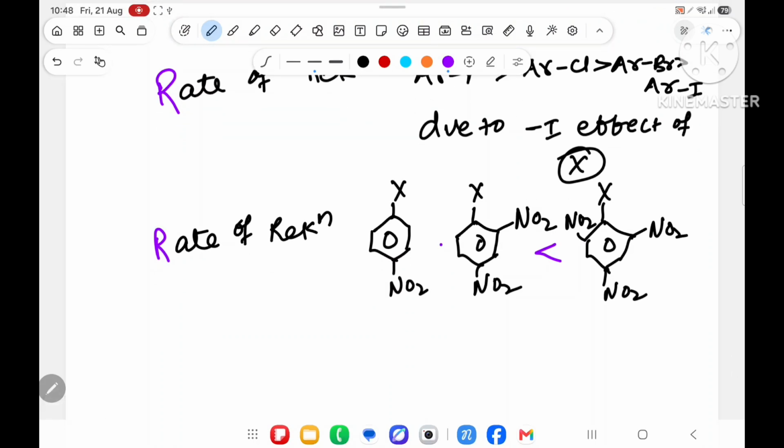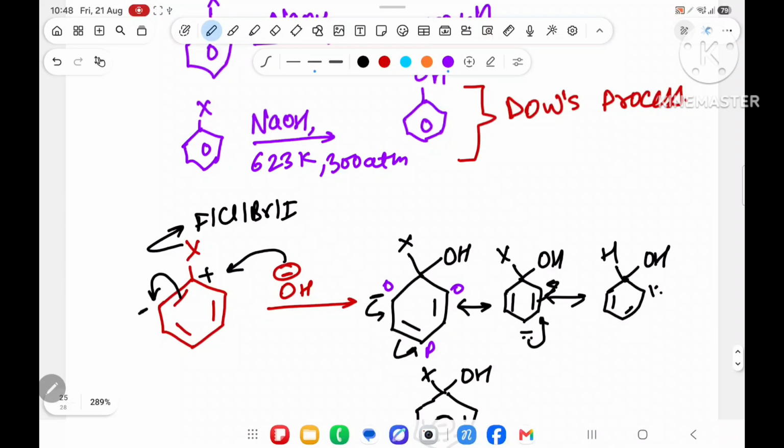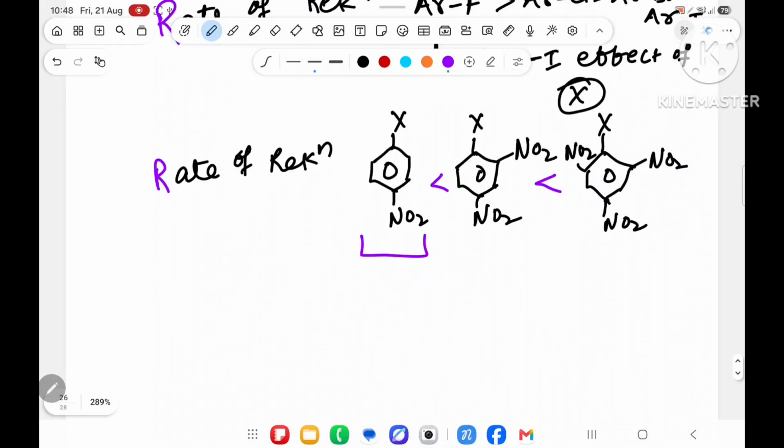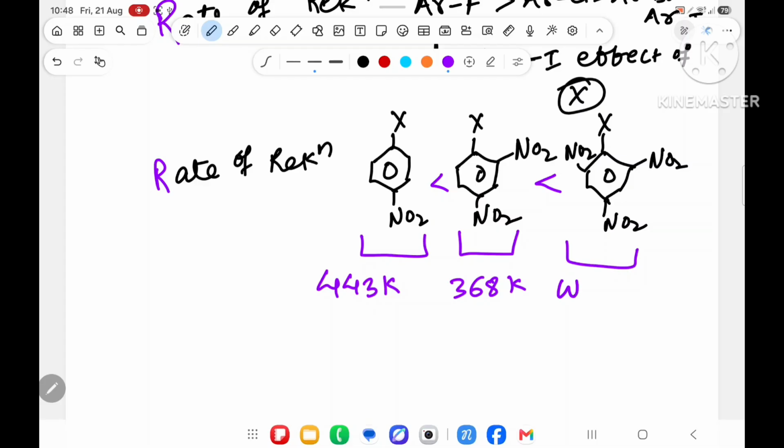Whenever you are only using X, you need 623 K and 300 atm. But whenever you add one NO2 group, temperature reduces to 443 Kelvin. Over here, temperature reduces to 368 Kelvin. Over here, you can do the reaction with warm water only. Understood the point? So this is all about bimolecular nucleophilic substitution reaction.